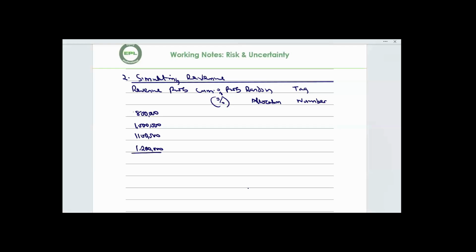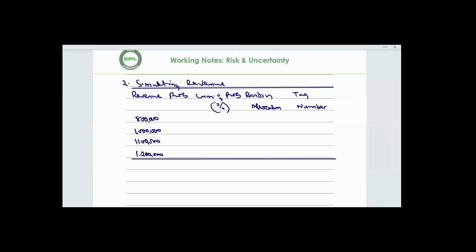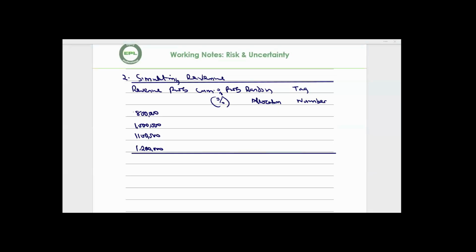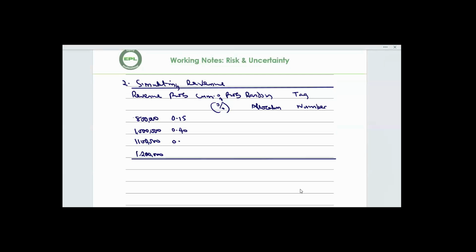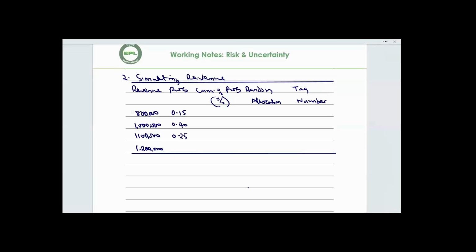Probability for revenue: we have 0.15, 0.40, 0.25, and then 0.20. Here is 1.